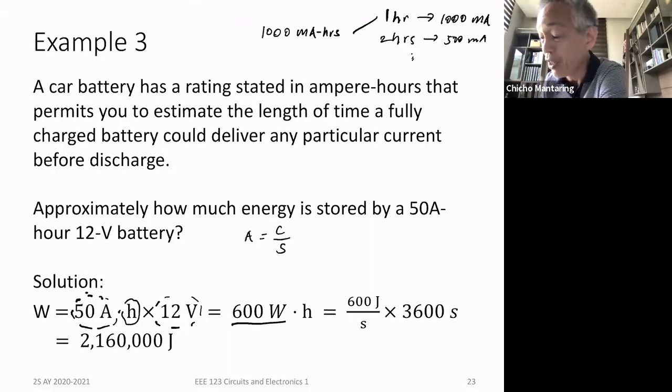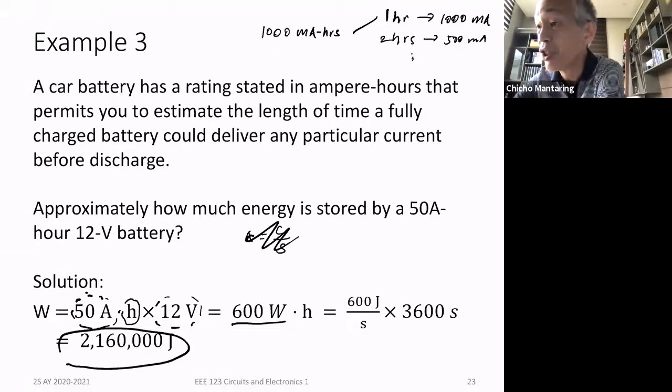Watts is equal to joules per second. So joules per second multiplied by 3,600 seconds per hour will give you 2,160,000 joules. So that's the amount of energy that a 50 ampere hour, 12 volt battery contains.